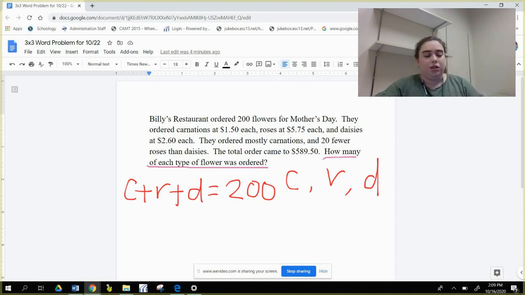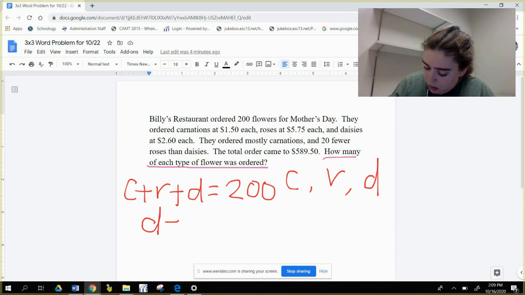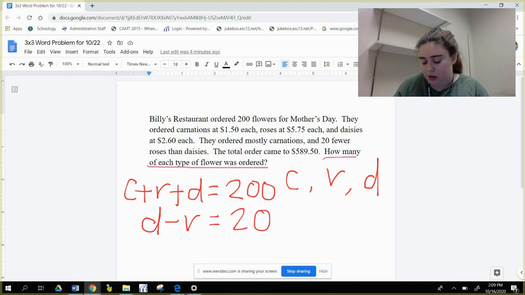That means if we subtract the amount of roses, which we don't know, that would be R, from D, what is that going to equal? It's going to equal 20. So that can be our second equation: D minus R, because they have 20 fewer roses, equals 20.